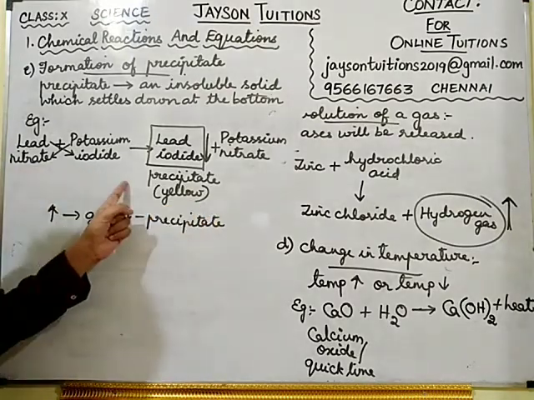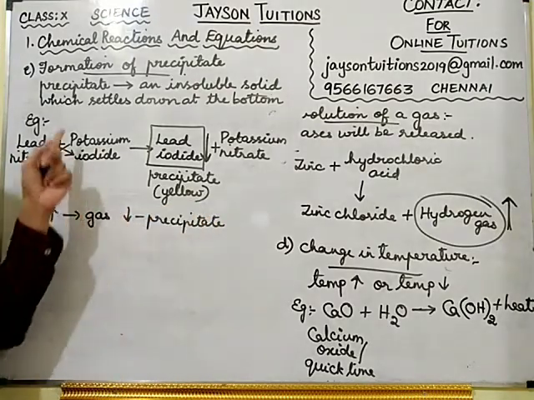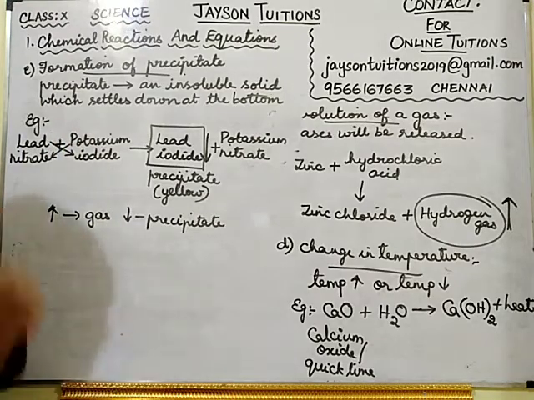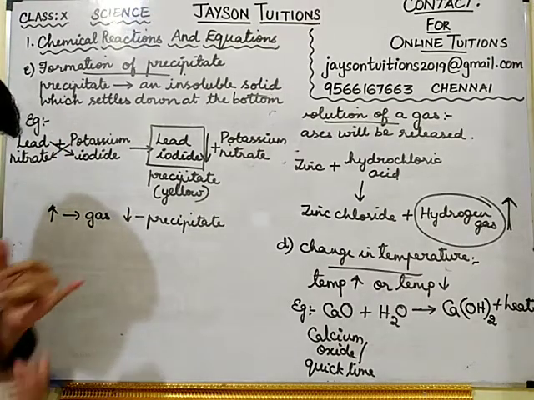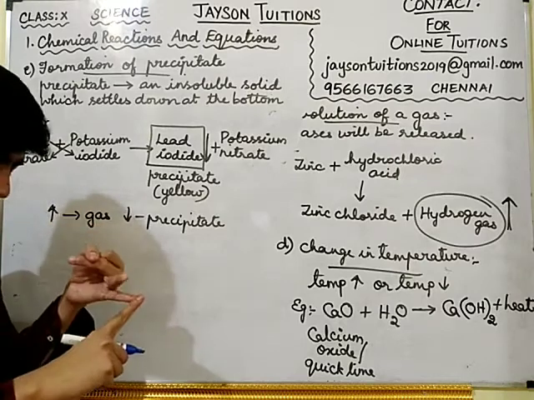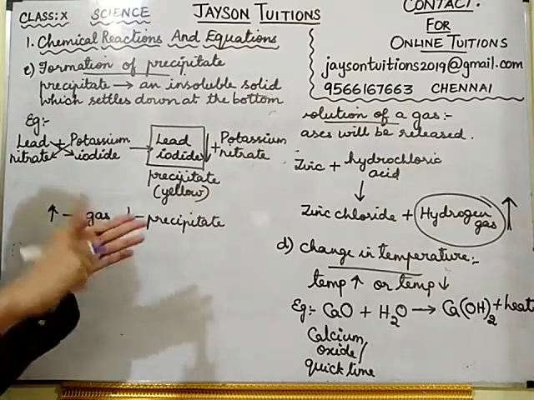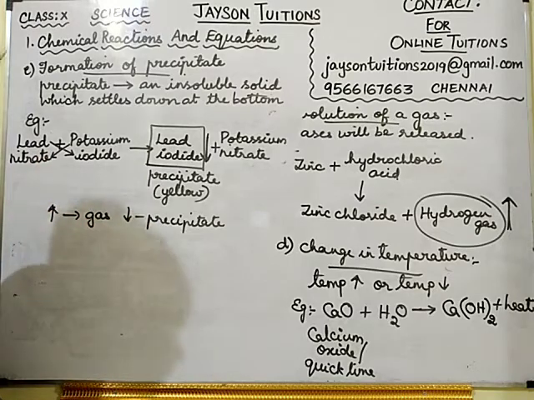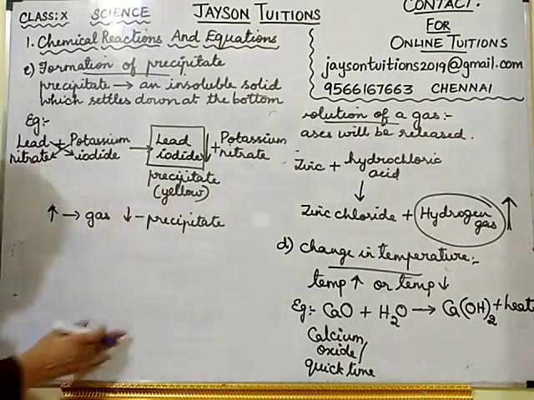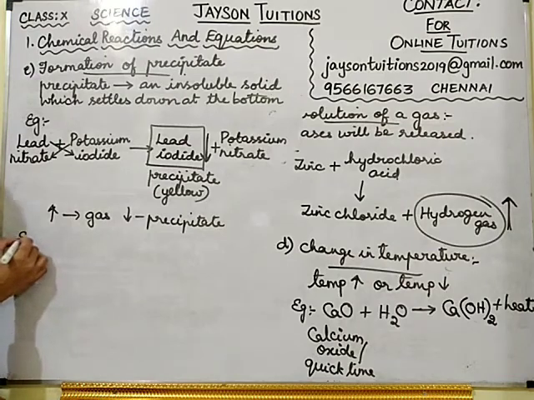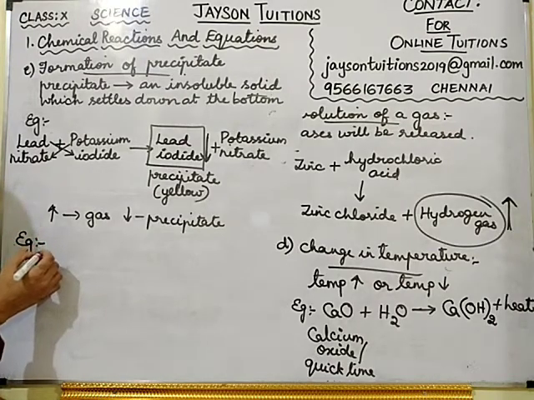Okay, so whenever a precipitate is formed, we can say a chemical reaction has taken place. So change in state, change in color, evolution of a gas, change in temperature and formation of a precipitate. Okay, now we will take another example for a chemical reaction.